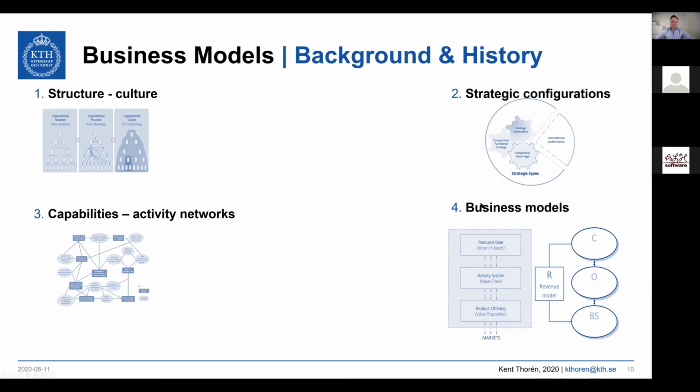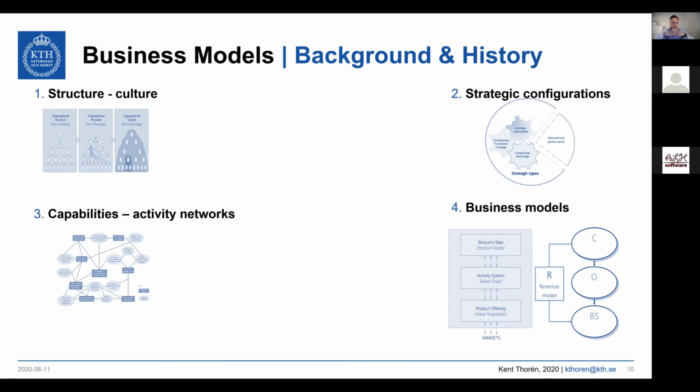And now also something happened here, because we moved down in unit of analysis from the whole firm to a specific business model. So the firm can, of course, have many different business models for the different value propositions that they are doing.